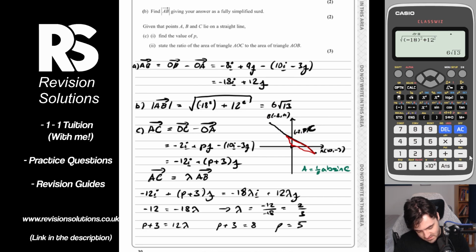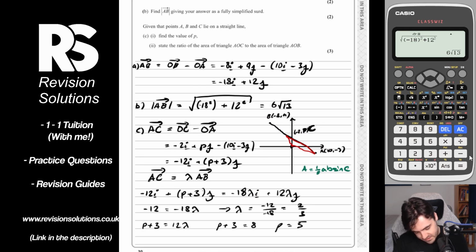So we can see that this side that changes going from A to B or A to C scales up by a multiple, that's going to scale the area the same way if we look at this formula. So we already worked out what the scaling is for that. The side AC is 2/3 times the length of AB.